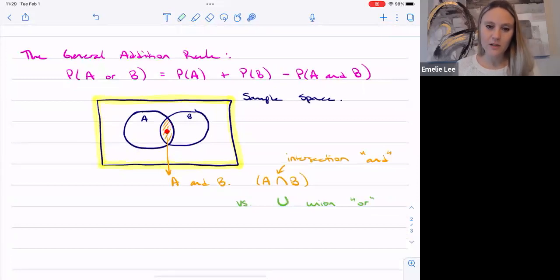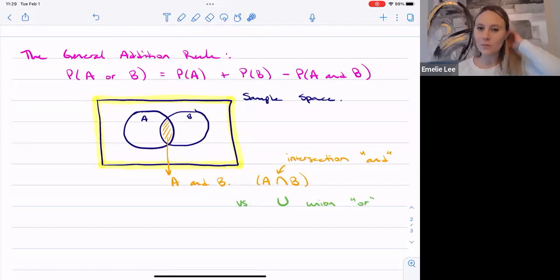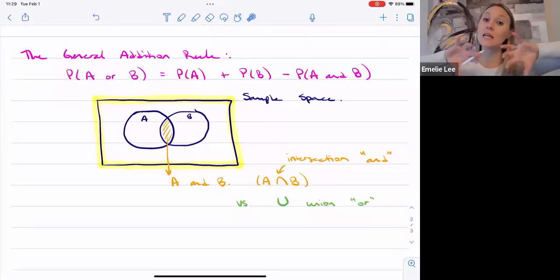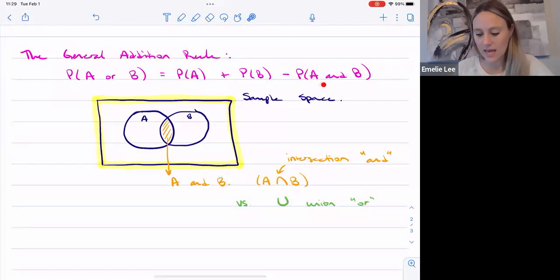So this overlap here, that's the intersection of A and B, and that's when A and B happen together. This is a good time to introduce the idea of two events being disjoint. Two events are disjoint if they can never happen at the same time, right? So it's a special case where the probability of A and B is 0, right? So it means that there's no overlap, there's no probability of them ever happening at the same time, right?